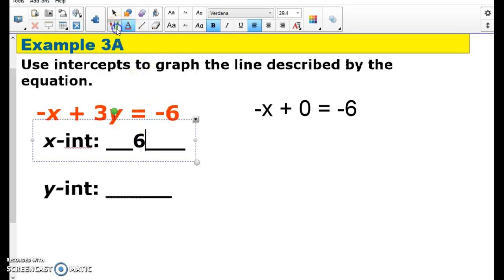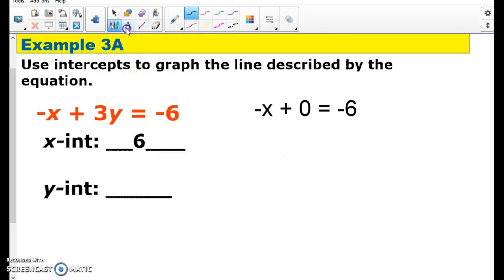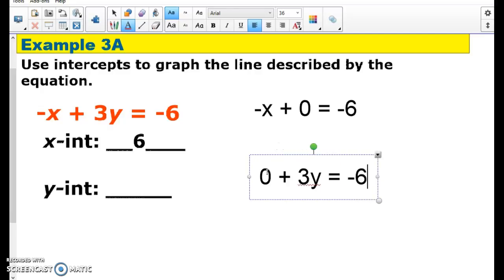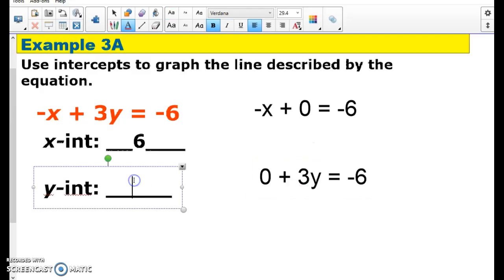And then kind of the same thing for my y's. If I wanted to figure out what my y is going to be, I put in a 0 for x plus 3y equals negative 6. And 3 times negative 2 is going to give me negative 6. So then I would just graph 6, negative 2, and I would be finished.